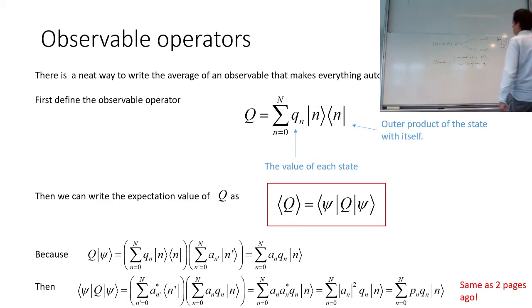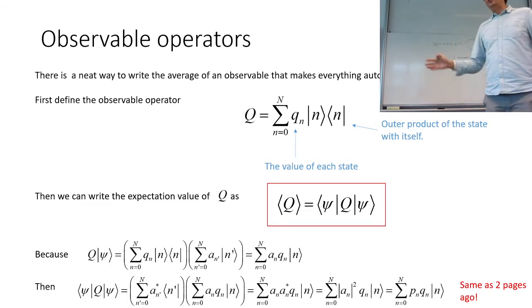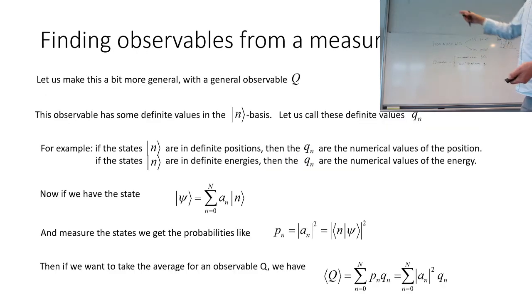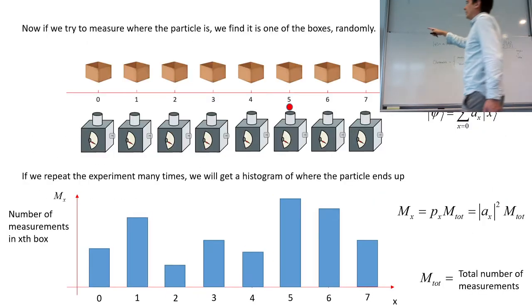The new thing coming in with the observable is just the fact that we've got values assigned to each particular outcome. That could be anything, with any units, like the height, or, in the example we had here, the position of the box.